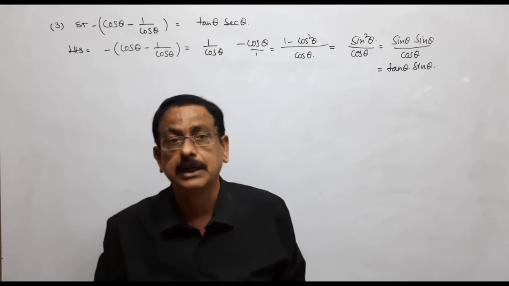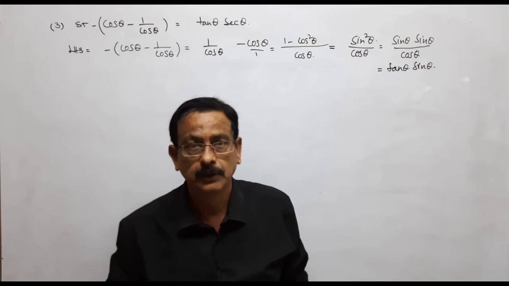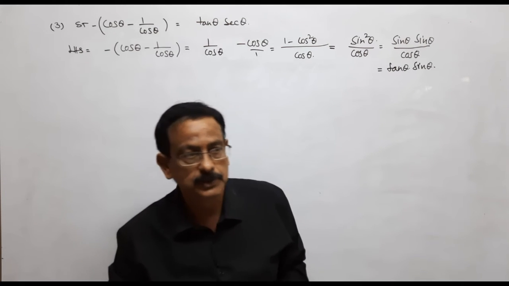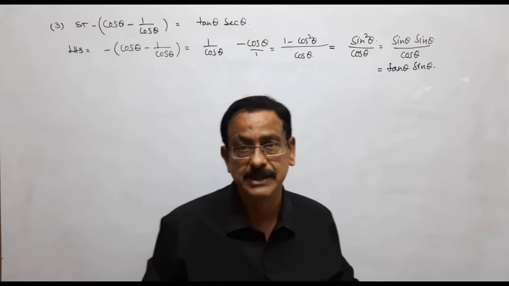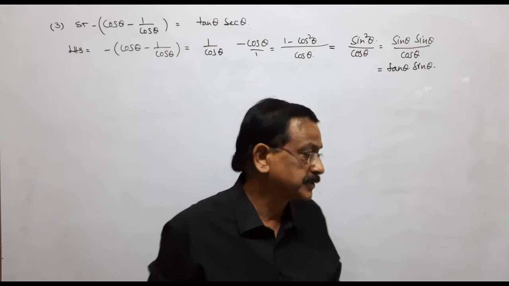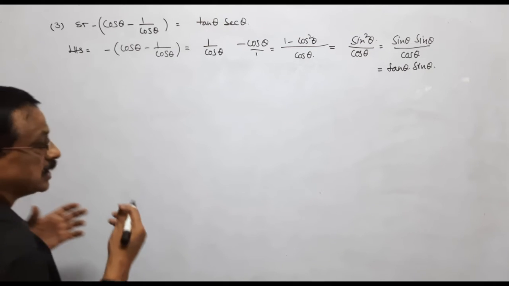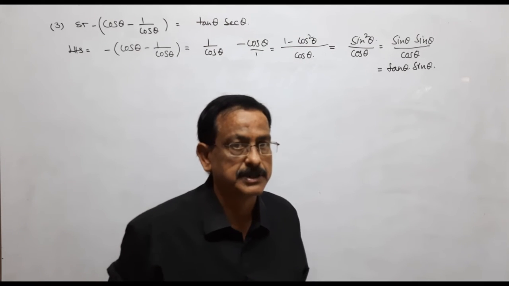How the problems have to be looked at. When you are solving a problem, you should be very careful about the left hand side and right hand side, and the identities which give us more information.